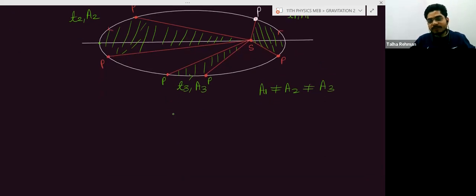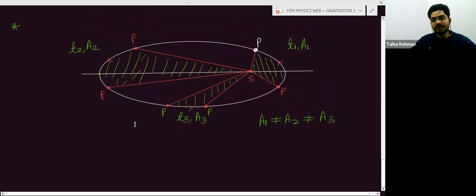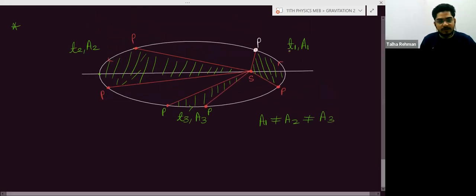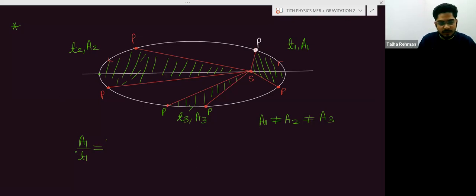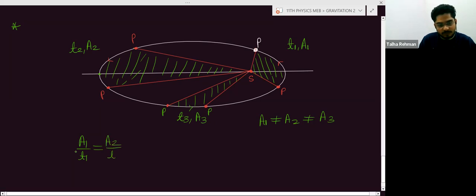So in this case, now what will remain constant? Aerial velocity will remain constant, meaning A1 by T1 from here to here, A2 by T2 from here to here. Aerial velocity, area divided by time, is area velocity. So A2 by T2 is equal to A3 by T3.